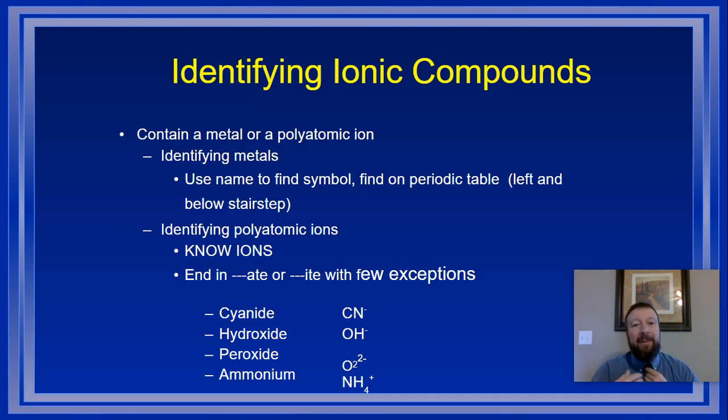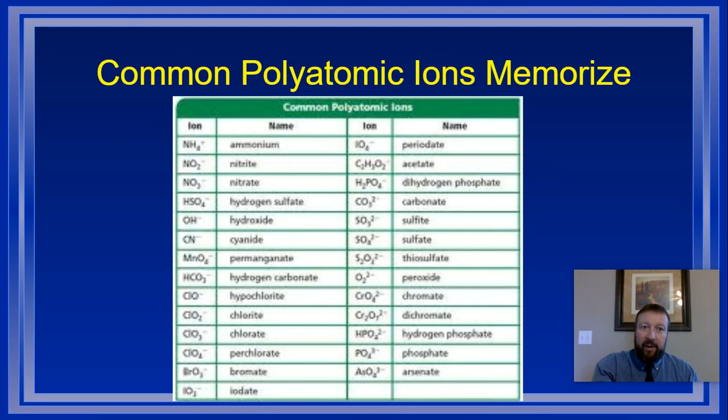If it's a polyatomic ion, it will be more than 2 elements. It starts with a metal and may have 2 or 3 nonmetals. Those are going to end in -ate or -ite, and we'll look at those in a second. If we look at just a couple of them, as far as being able to know those polyatomic ions, just memorize them. I know it sounds weird, but just be able to memorize them.